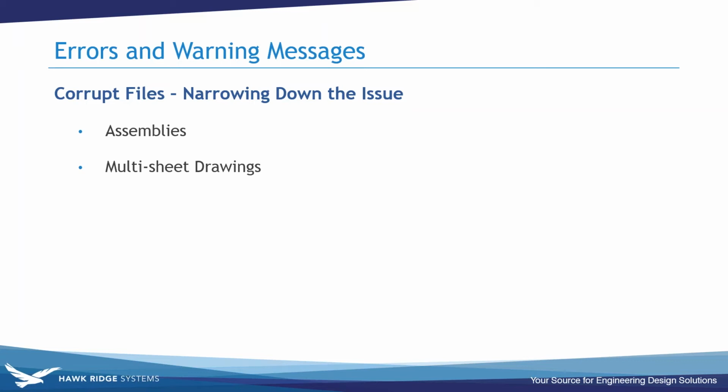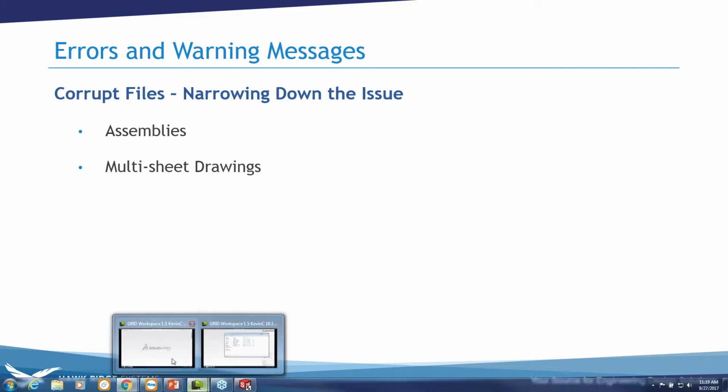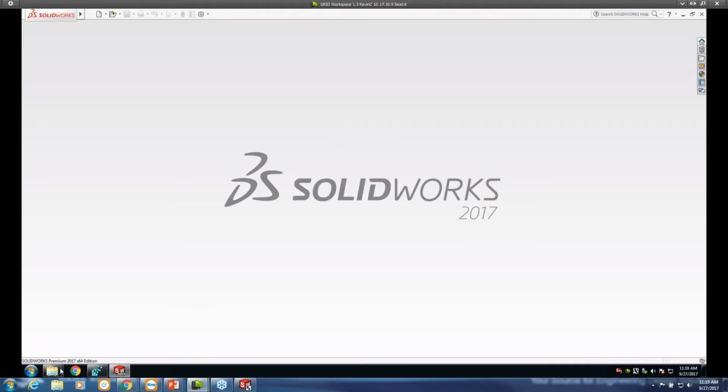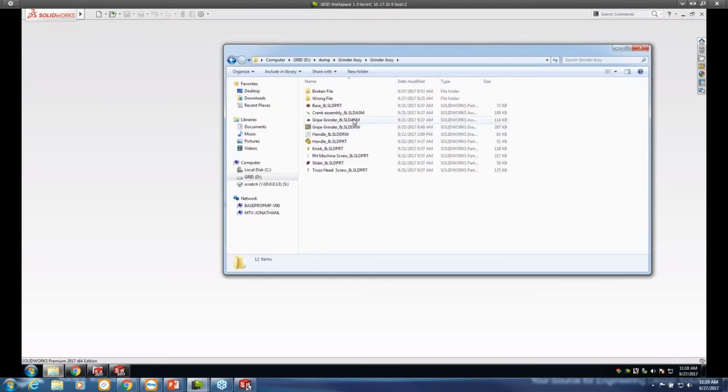So I'll just go through the steps that you go through to troubleshoot these files here. So if I go over to my assembly here, I don't have a corrupt file at the moment, but the steps to go through these are still the same.